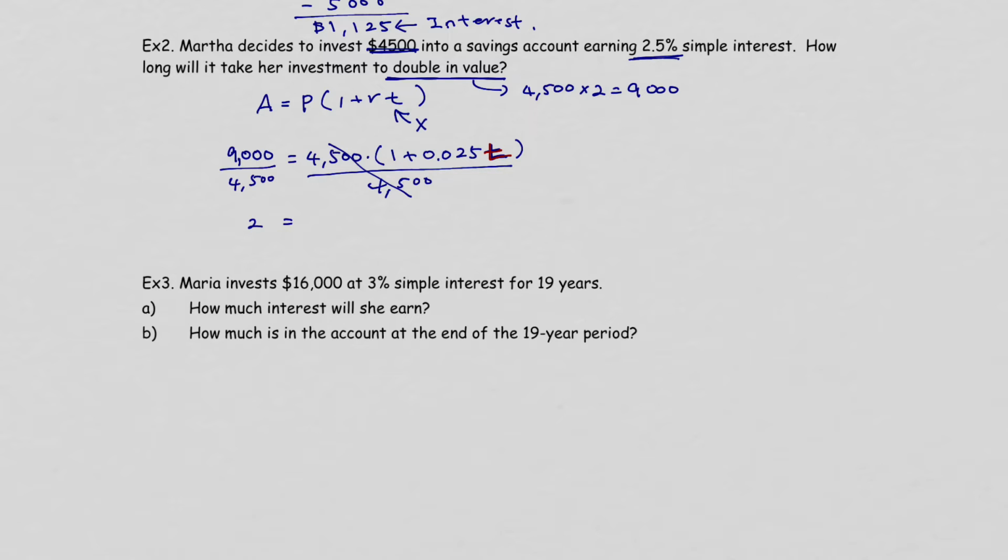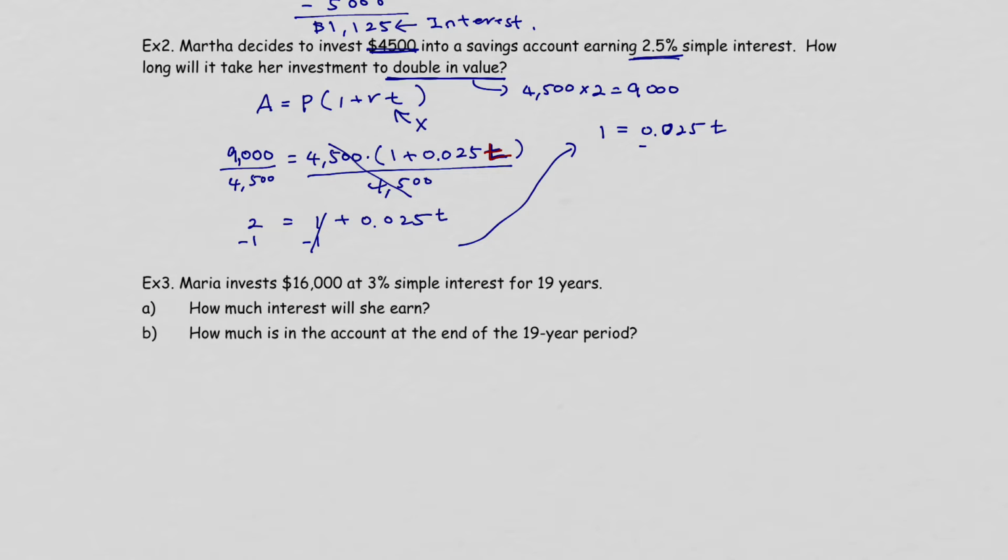Because the multiplication is out, you should be able to open the parenthesis. Now we can get rid of the positive 1 by subtracting 1. That gives you 1 equals 0.025t.